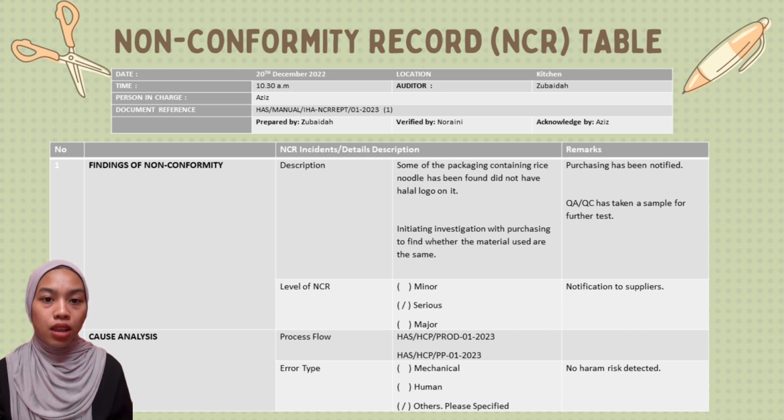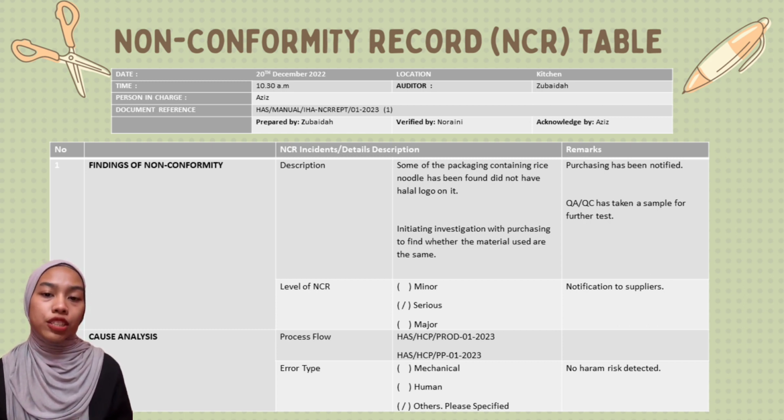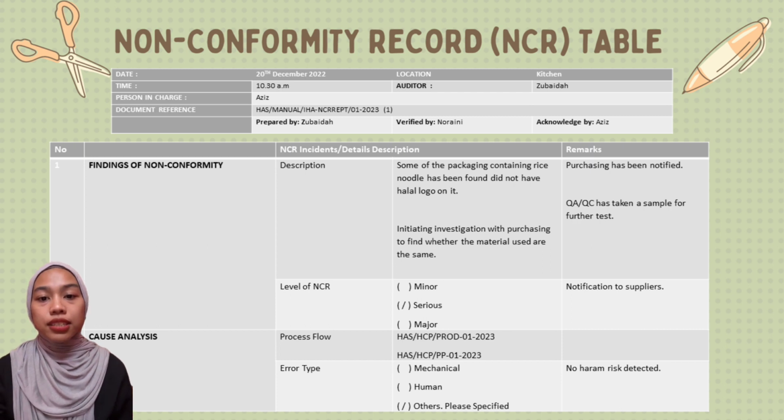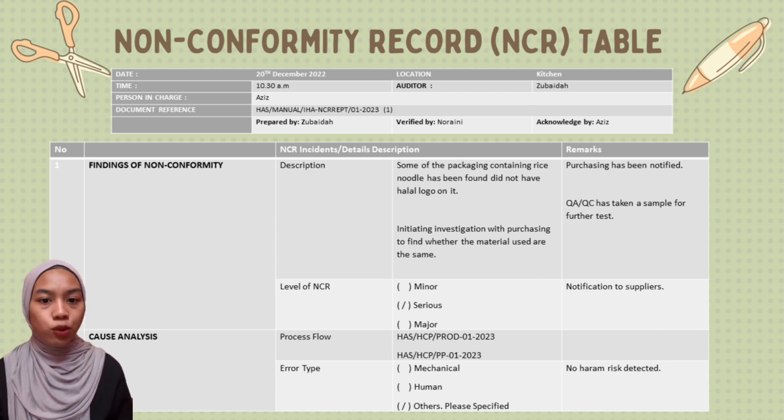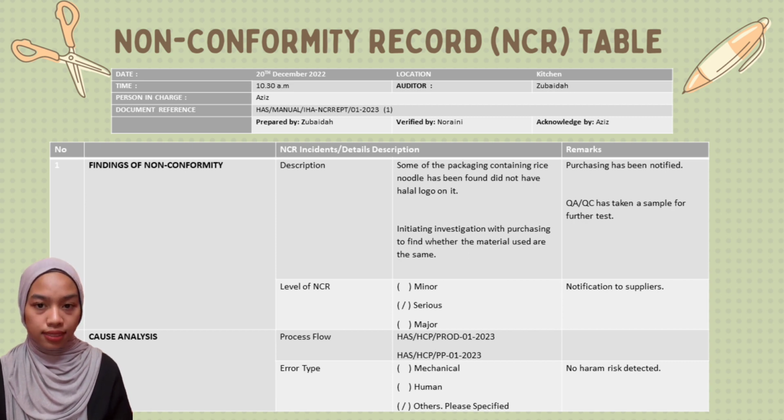For example, on 20th December 2022, the incident that happened is that some of the packaging containing rice noodle was found not to have a halal logo on it. So an investigation with purchasing has been done to find whether the materials used are the same. Purchasing has been notified and quality control has taken a sample for further tests.